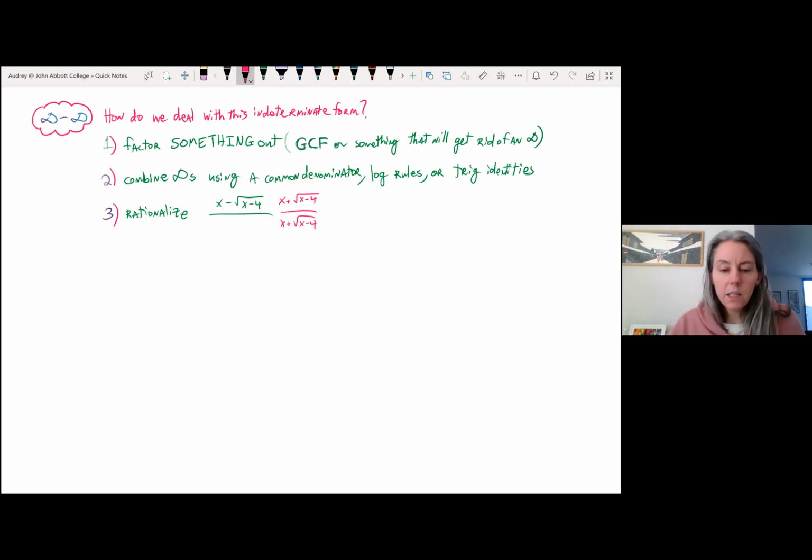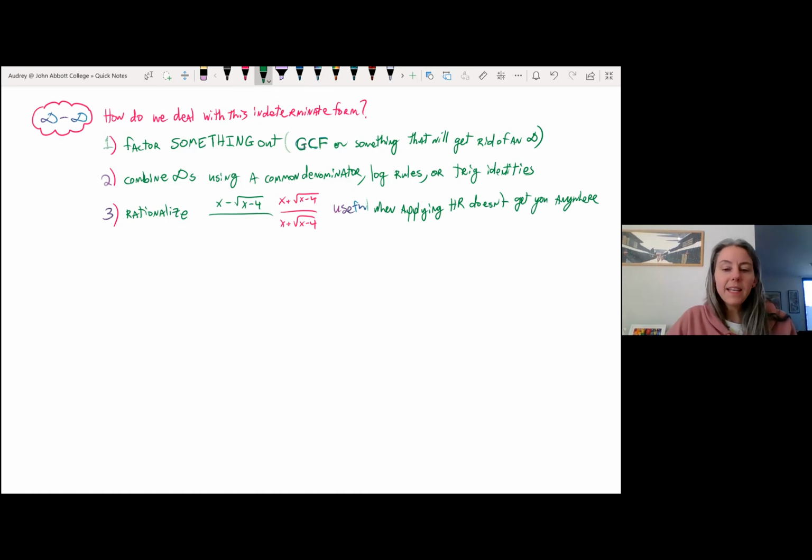So rationalizing shows up somewhat rarely, but is useful in the case where applying L'Hopital's rule doesn't get you anywhere.